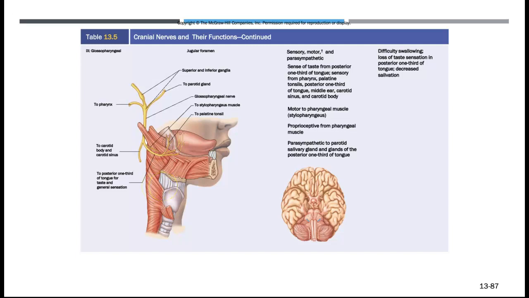And that, of course, will be parasympathetic innervation. And remember, when I say parasympathetic, that's our rest and digest system. So that is going to cause the salivary gland to salivate, right, for digestion.